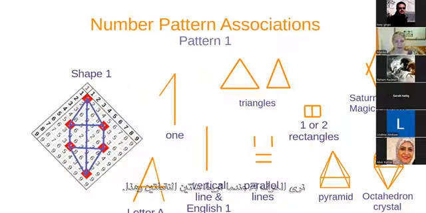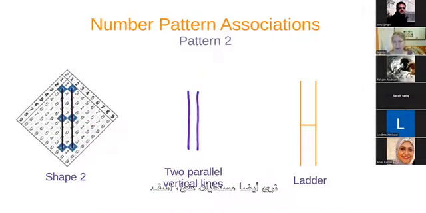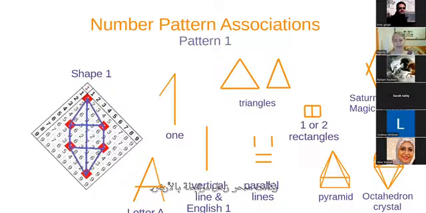We see the letter A when you connect these 2 points and this. We see parallel lines in these ways. We see a triangle on top, a triangle on the bottom. We see a pyramid when we fill all the lines. And we see an octahedron or crystal. We also see a rectangle, and a Saturn magic square related to Earth.